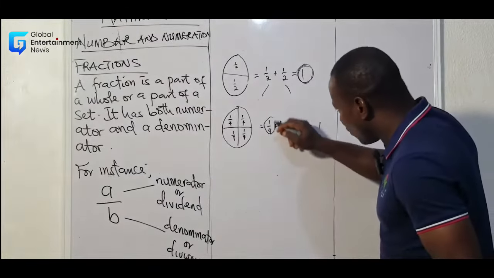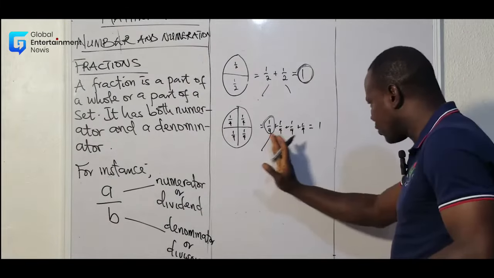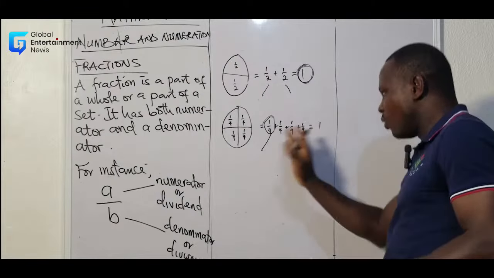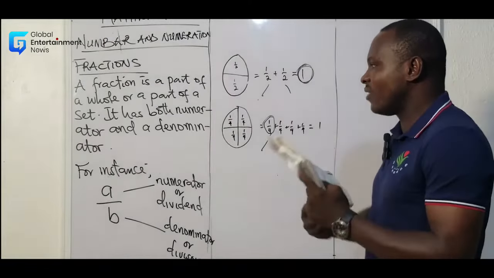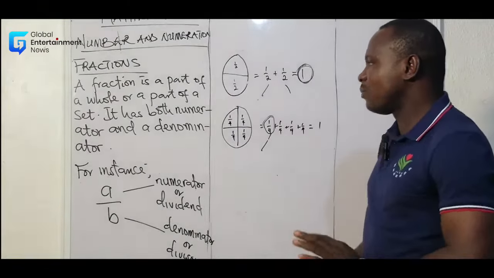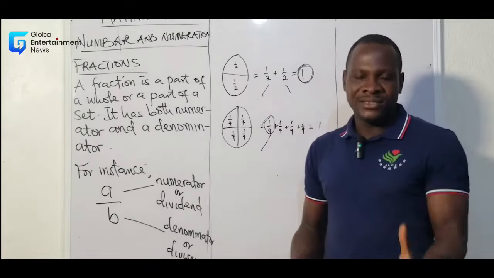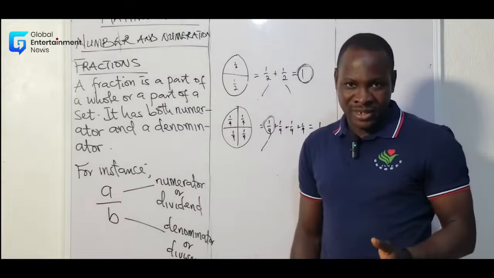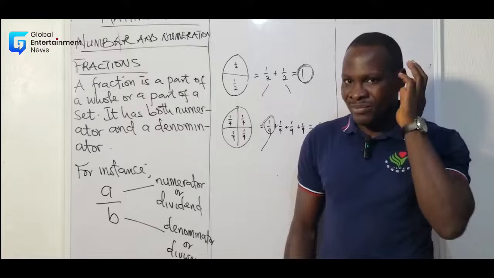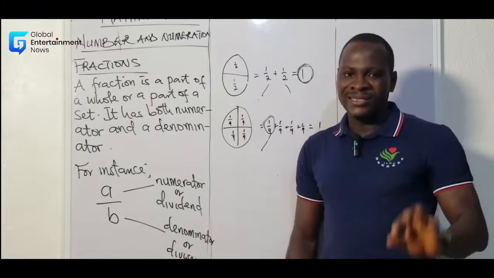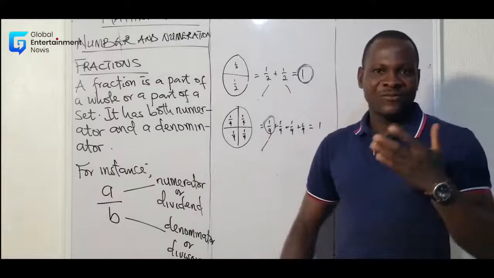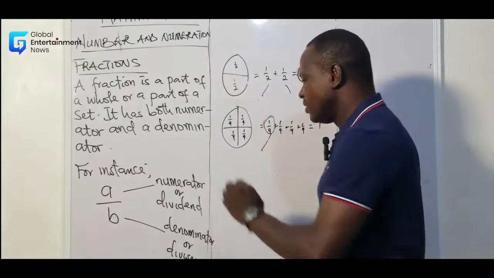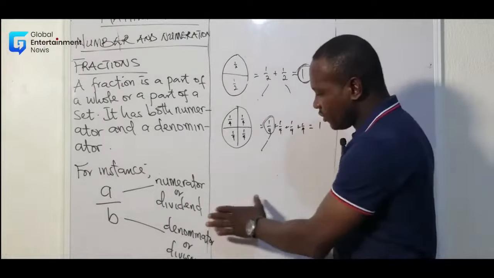Now, a part of a whole like this is called a fraction. And a fraction has both a numerator and a denominator. Another name for numerator is dividend, as you can see on the board.